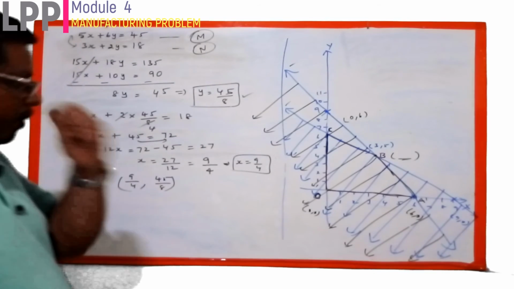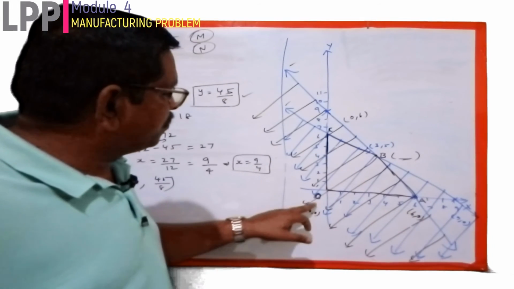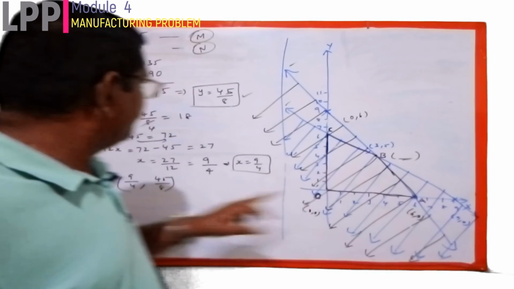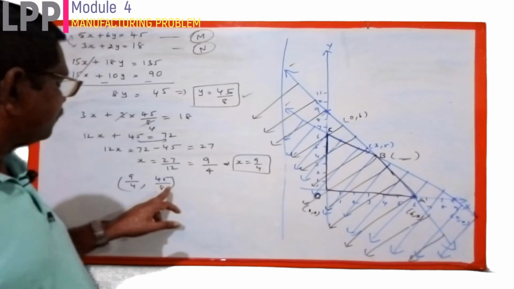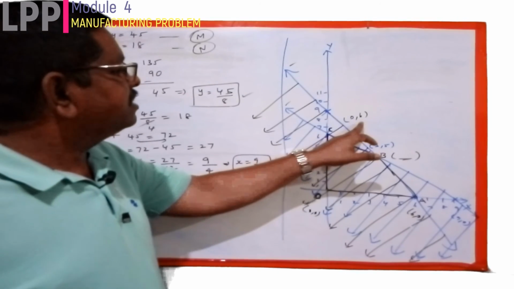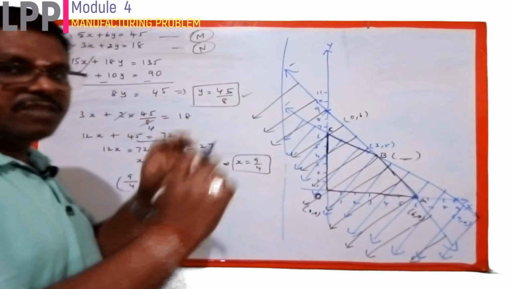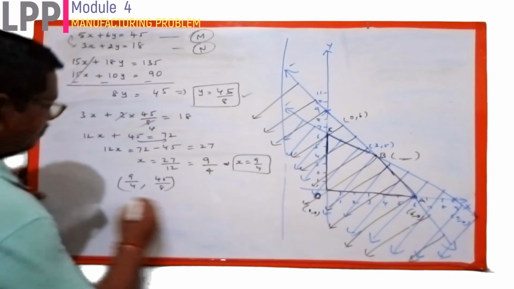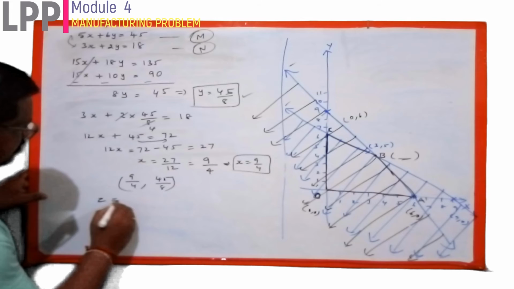Now we have got all the 4 points. Point O is 0, 0. Point A is 6, 0. Point B is 9 by 4, 45 by 8. Point C is 0, 6. Substitute all these values in Z. Now let us take the origin.